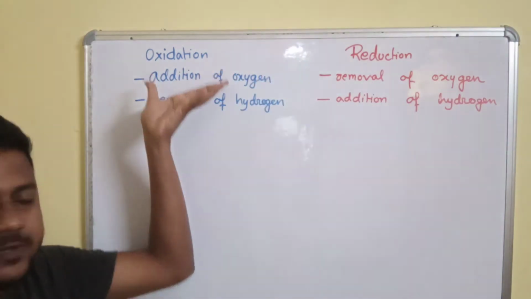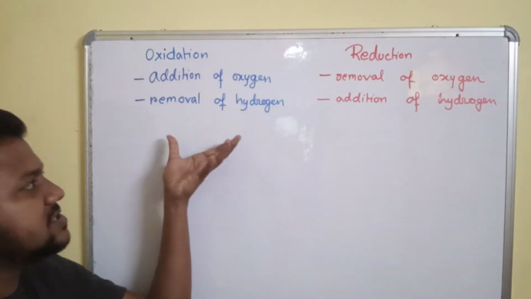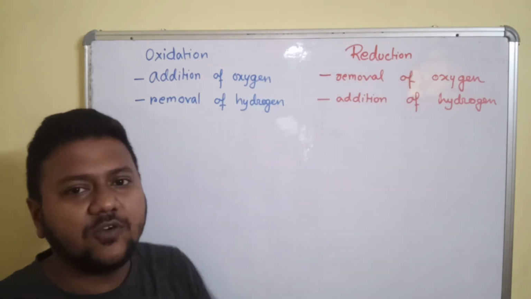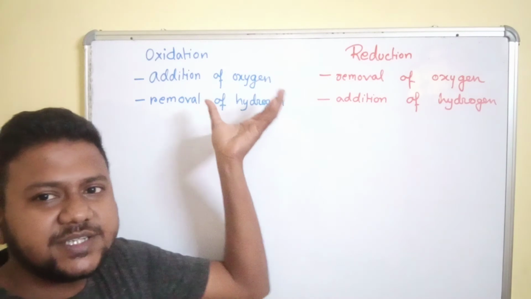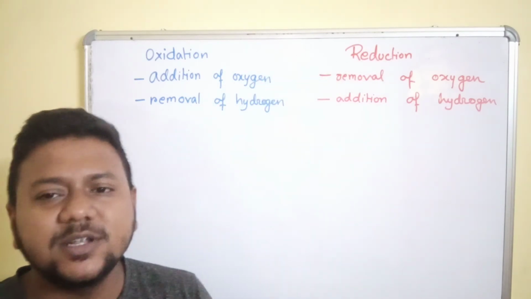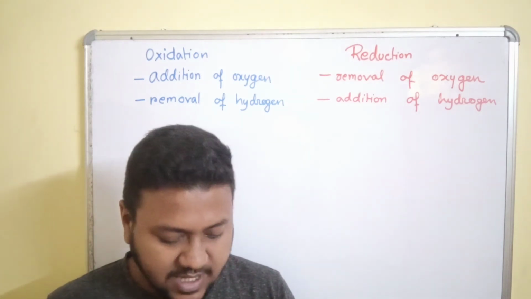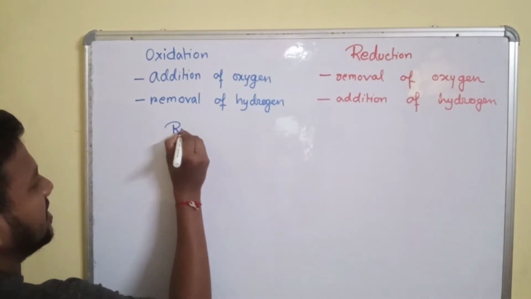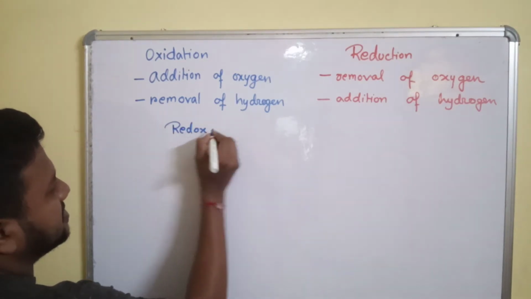Whereas again in terms of hydrogen we can say oxidation is the removal of hydrogen, whereas reduction is the addition of hydrogen. Now oxidation and reduction reactions actually occur simultaneously in a particular reaction, and that reaction will be called a redox reaction.